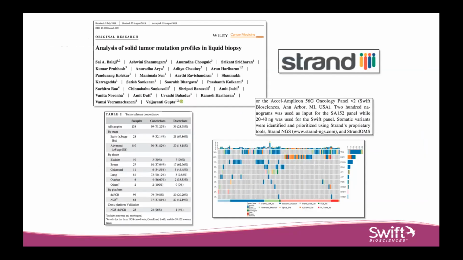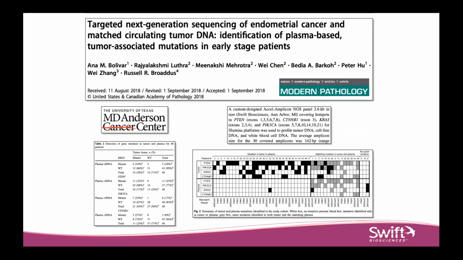And in fact, just to share with you a quick publication highlight, Strand Life Sciences in India is one of those who has published using the Swift panel and looked at that exact function of the assay, because the 56G panel can function with both cell-free DNA as well as FFPE material. They were looking at the concordance between those two sample types and made this publication.